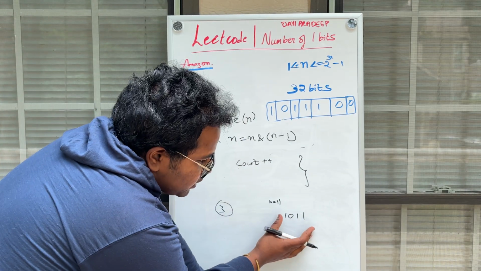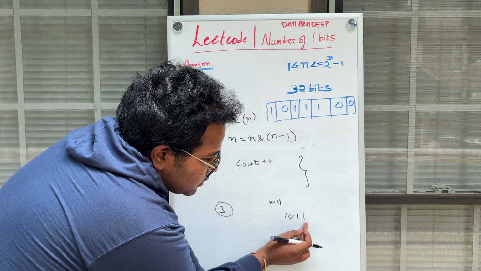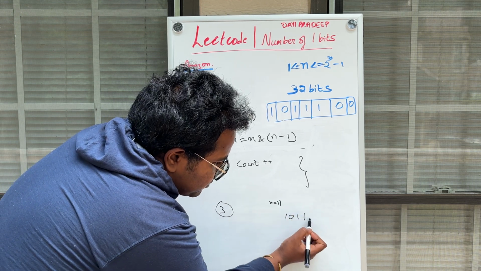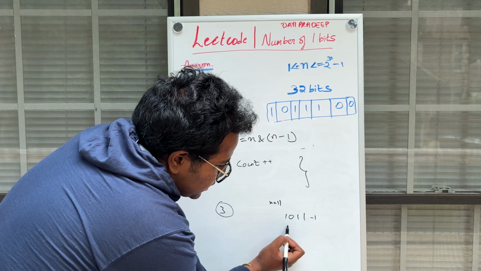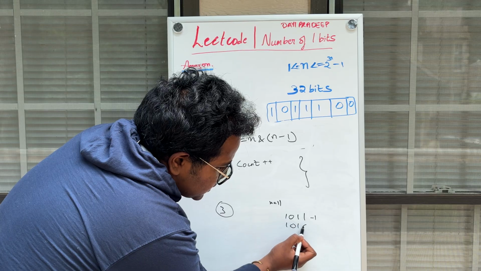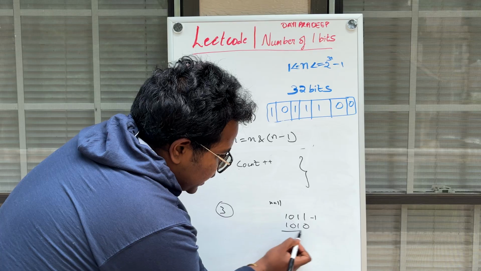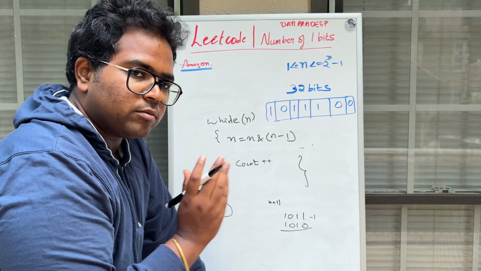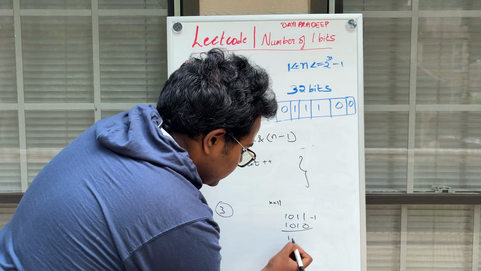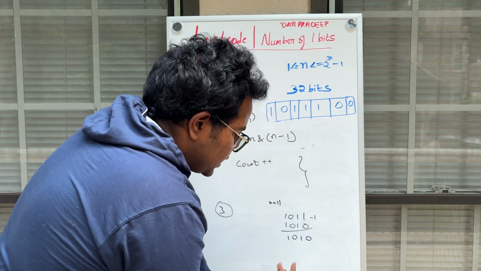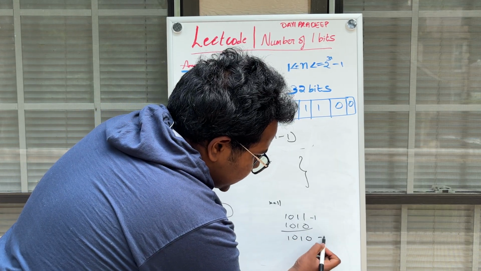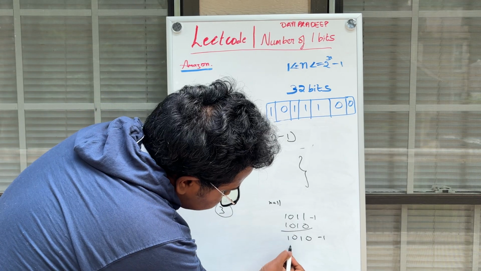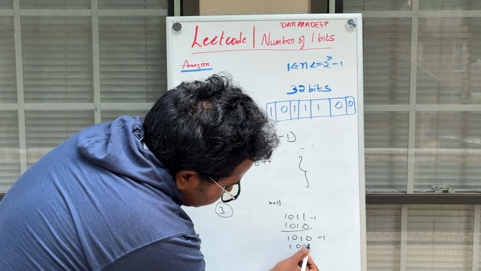Here you can see 1011. If I reduce it with -1, it's going to give me 1010. Again, either it's going to remove one bit or it's going to change the position of those bits. 1010, here again when I do -1 for this one, it's going to give me 1001.